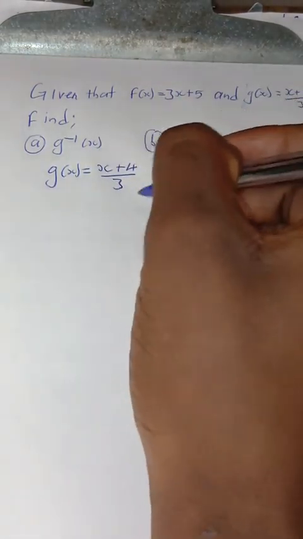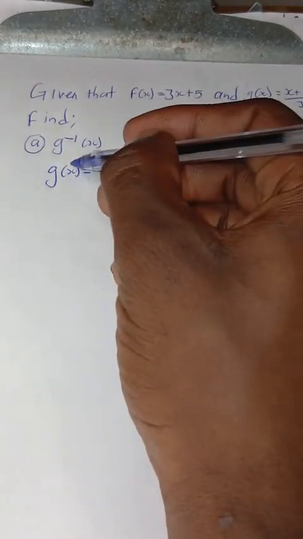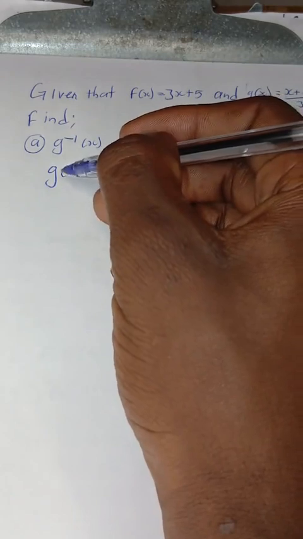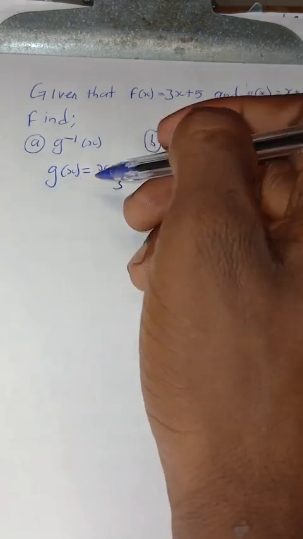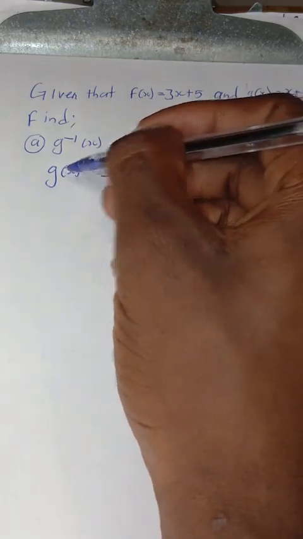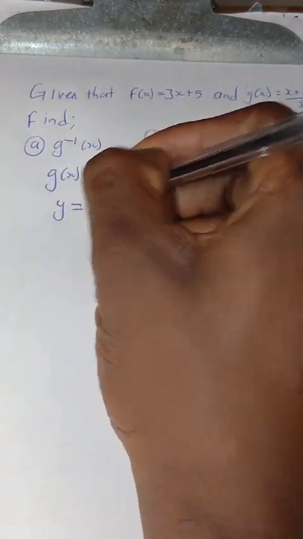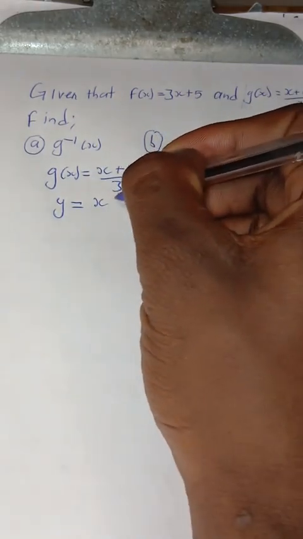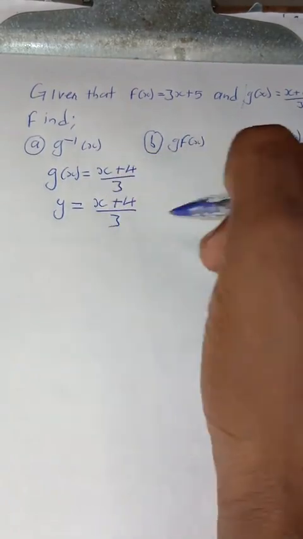First thing, introduce y in the expression. Where you have g of x, let this be equal to y. So we're going to say y is equal to (x plus 4) over 3.